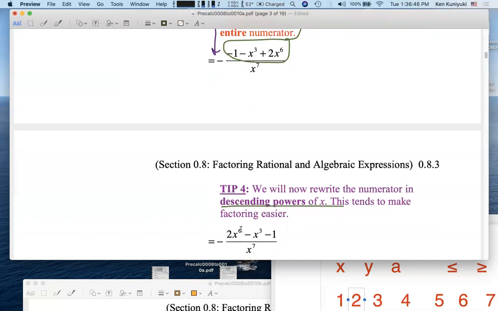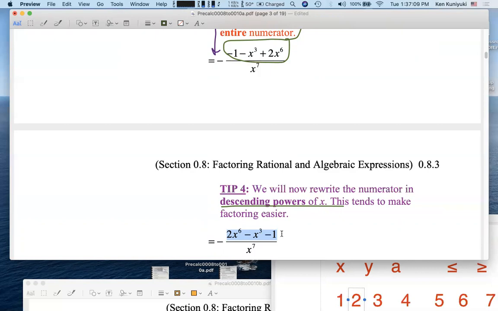Now, this top guy here may look familiar to you. 2x to the 6th minus x cubed minus 1. We actually factored that thing at the end of section 0.7. I often like to pull this kind of stunt in my notes where I refer to previous examples. So remember, this thing, although it's 6th degree, it is in what form?